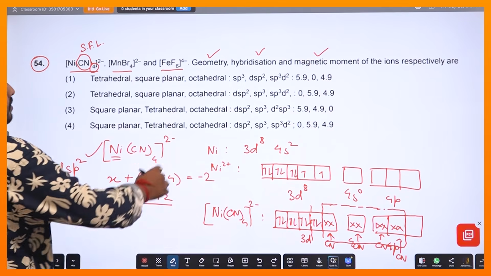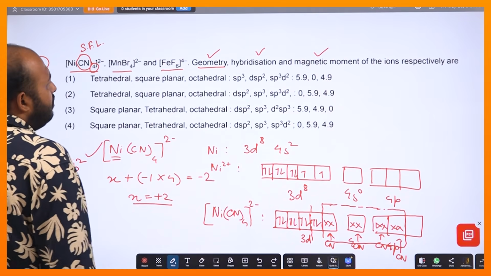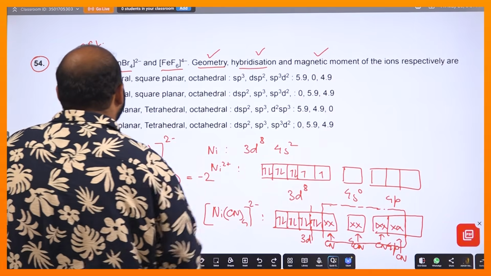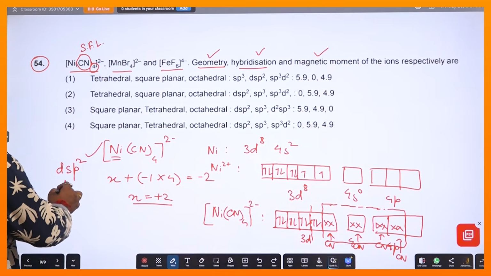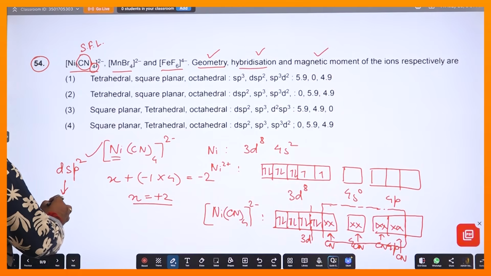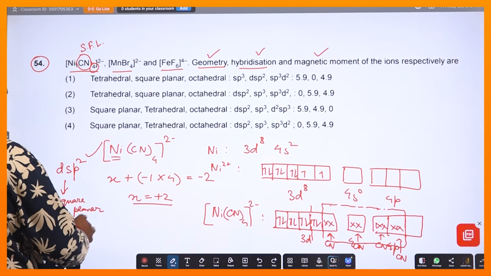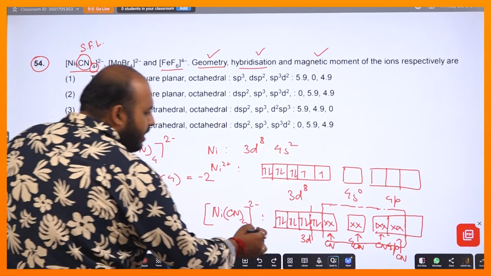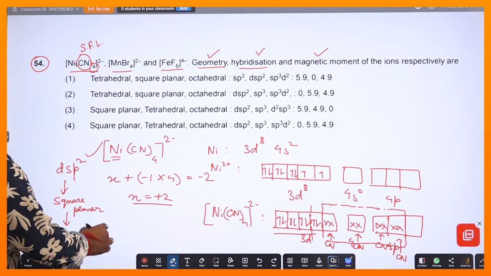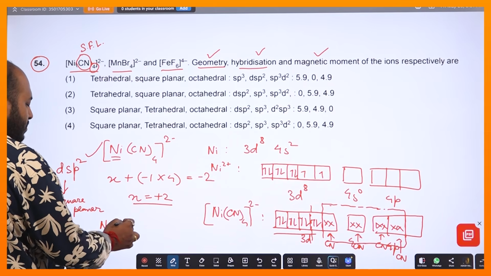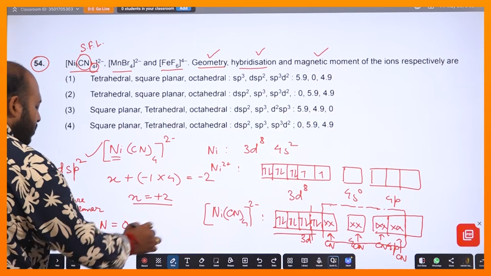So the second part is the geometry; the hybridization we have done for this. What will be the geometry for dsp2? It will be square planar. Is there any unpaired electron in this? No. So the number of unpaired electrons will be 0.